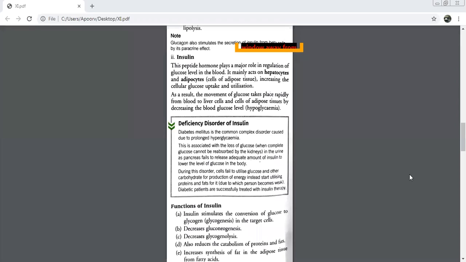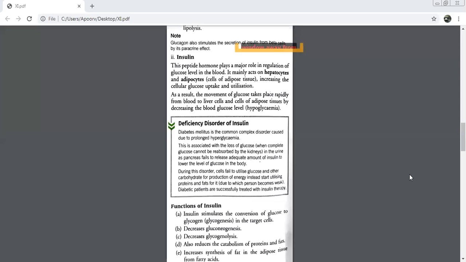What are adipocytes? Fat cells. Yes, cells of the adipose tissue. Very quickly tell me the two types of cells on which insulin acts. Hepatocytes and adipocytes. So this will increase the cellular glucose uptake and utilization.